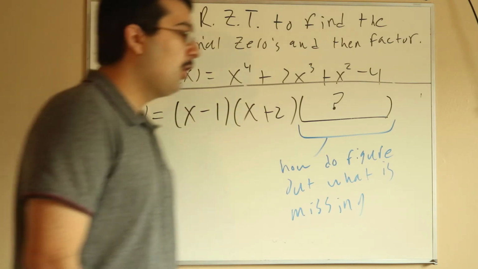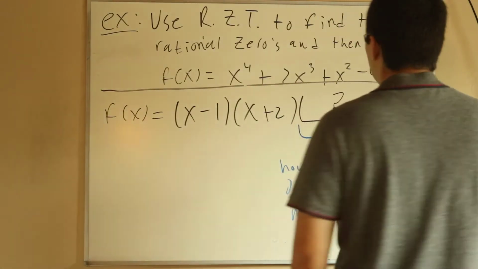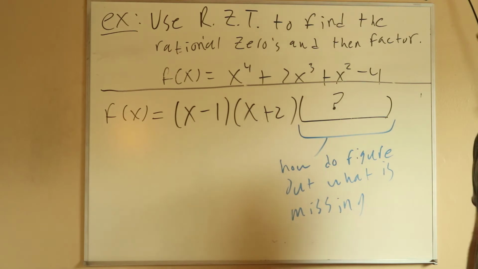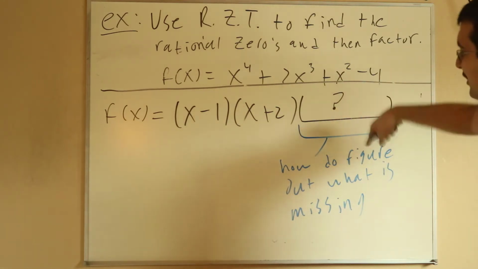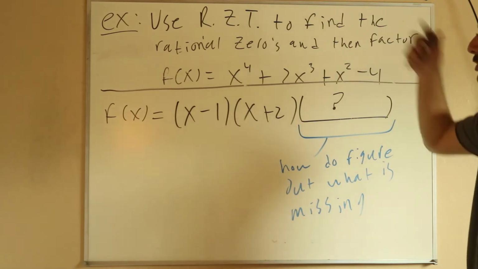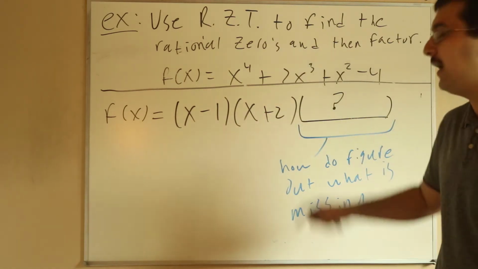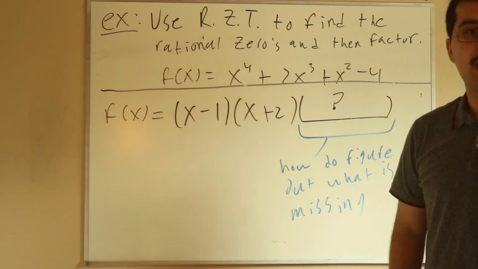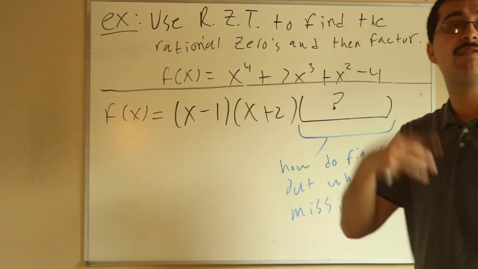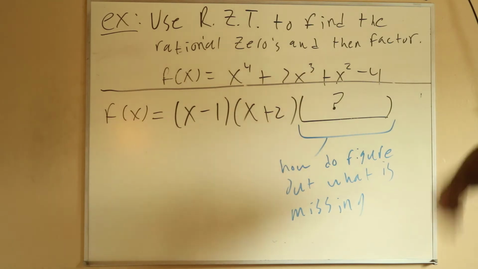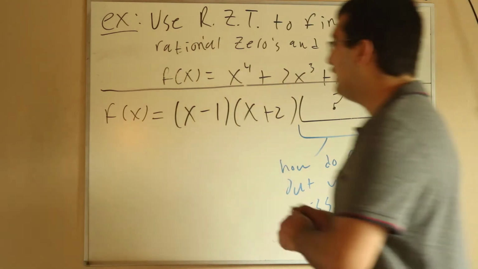All right. So how you determine what the missing portion of your factor for the function is: you take the factors you do know and you long divide them with the original function. And after you do your long division, whatever is left over, that is this unknown portion. That's going to be the big idea.